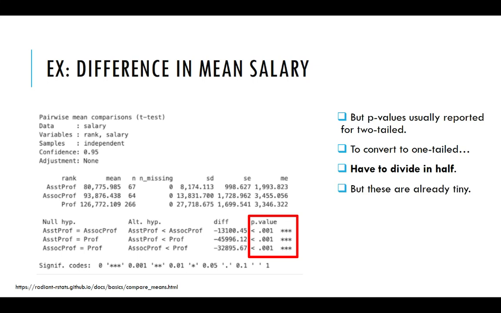But these are already really tiny numbers, right? 0.001 is what, 0.1%. So these are already really tiny, with a p less than 0.001. So I'm not going to worry about dividing these out. We can assume that either these are already converted to one-tails, or if we divide it in half, the number's still going to be teeny tiny.